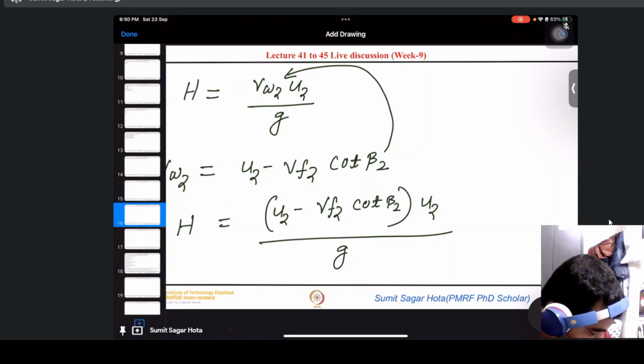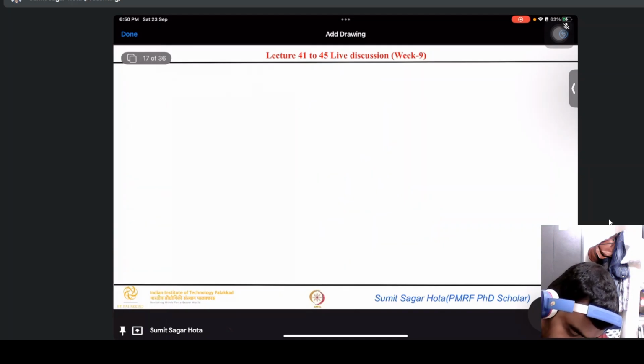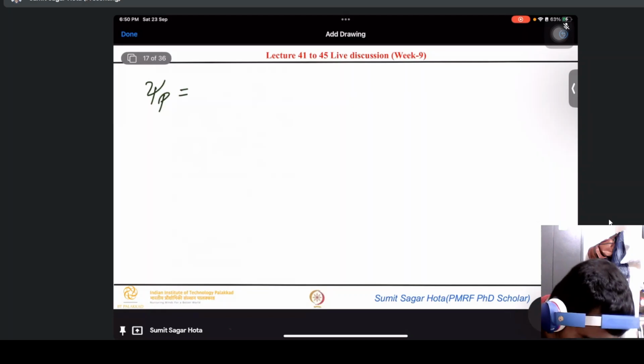Now you have H, then substitute it. Then what will be your psi p? Psi p is equal to H divided by U2 squared by g.